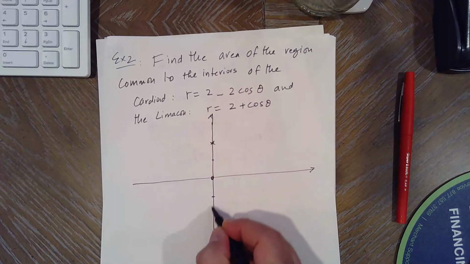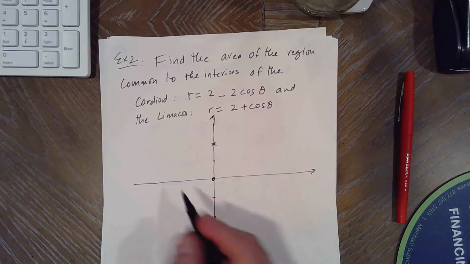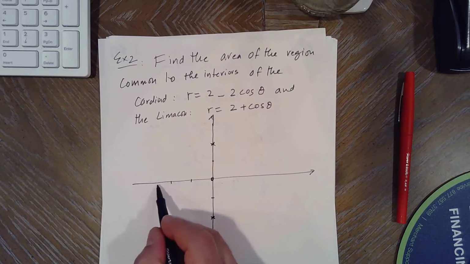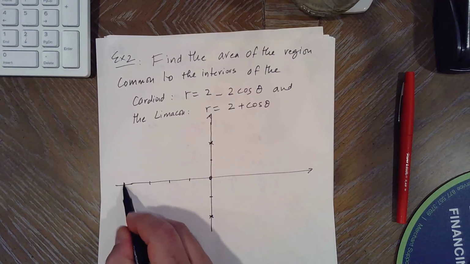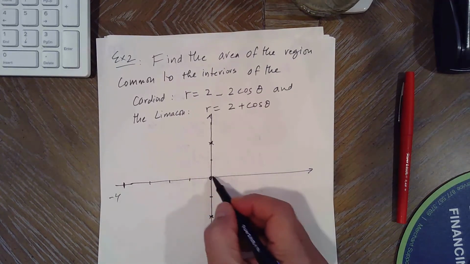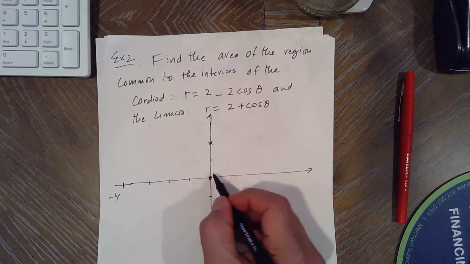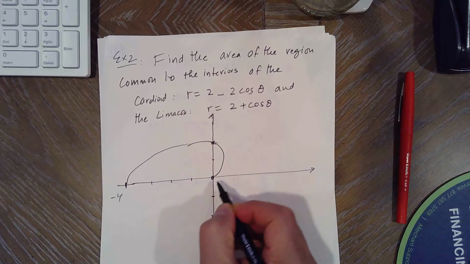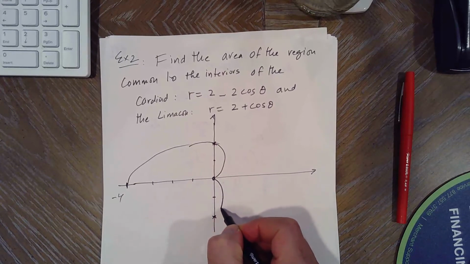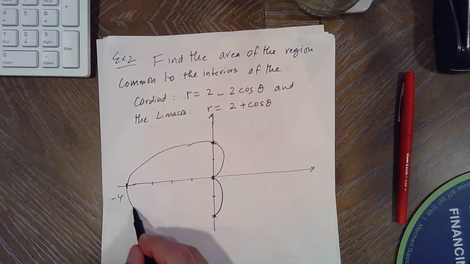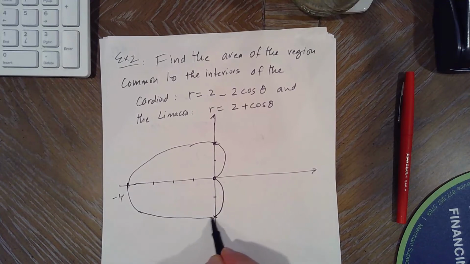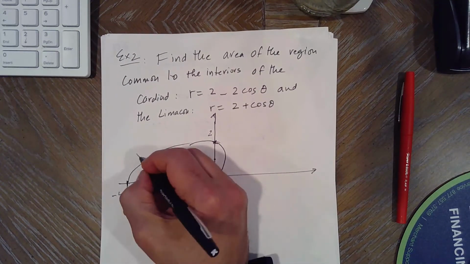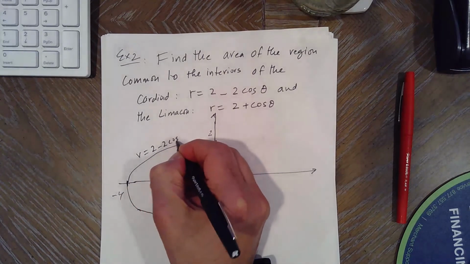If you go to 3 pi over 2, it's going to be 2 again, and at pi it's going to be 4 over here. So you will have a cardioid that stretches along the negative x-axis because you have a negative cosine. We learned that from 10.3.